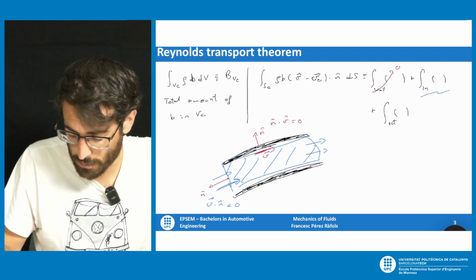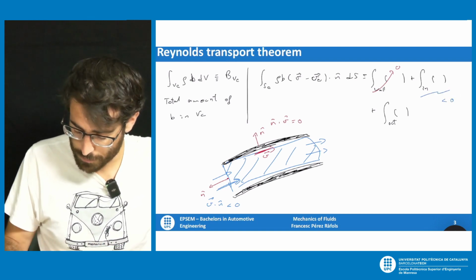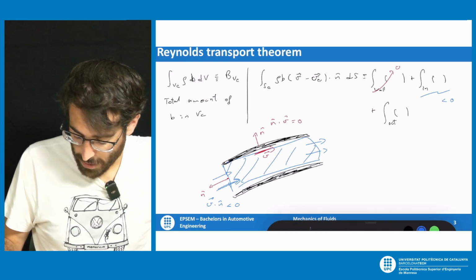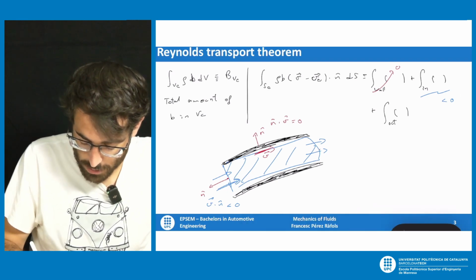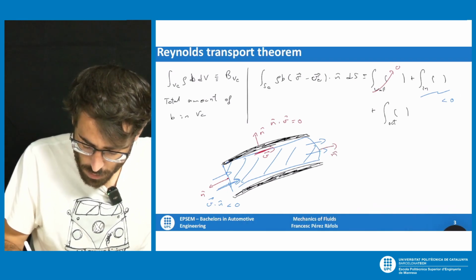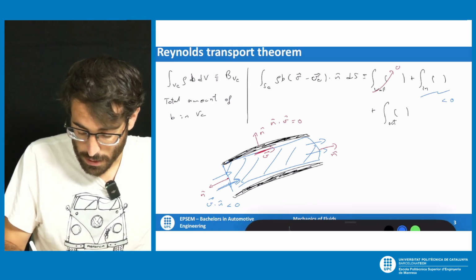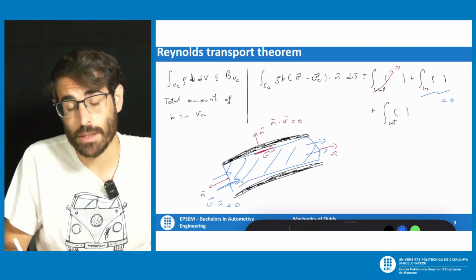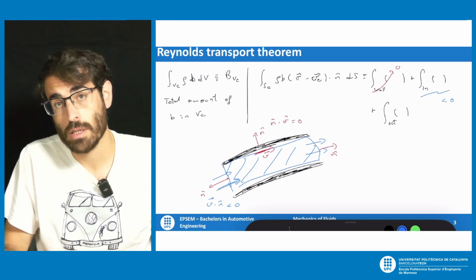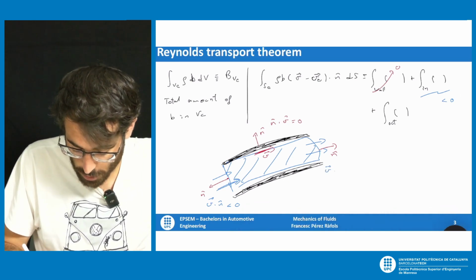So in general, this term is going to be less than 0. And finally, we look at the outlet. Now it is clear that the normal is pointing outward, the velocity is also, so the dot product v dot n is going to be positive.